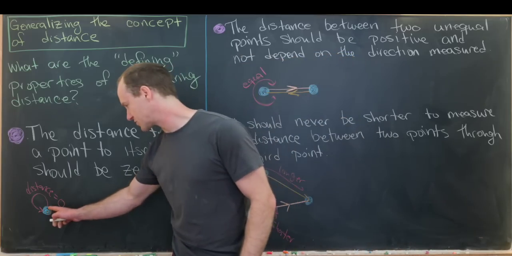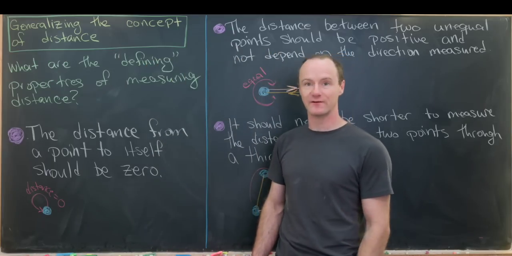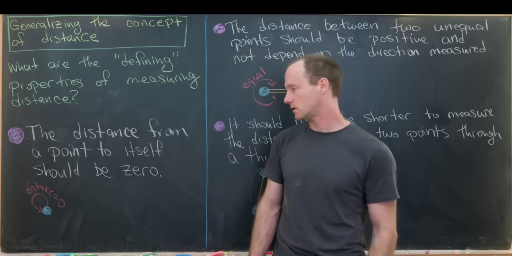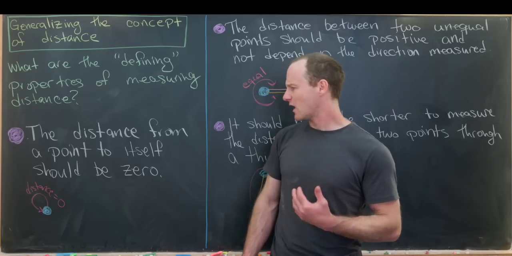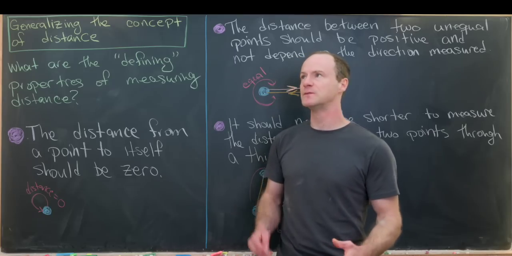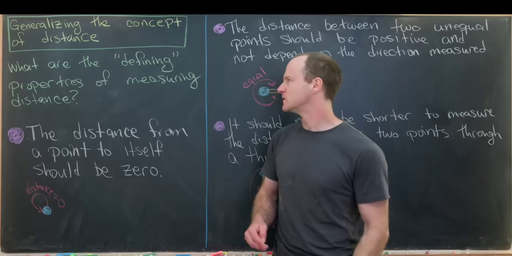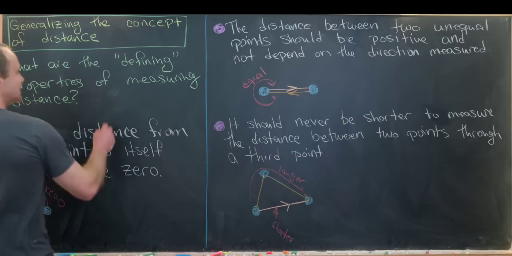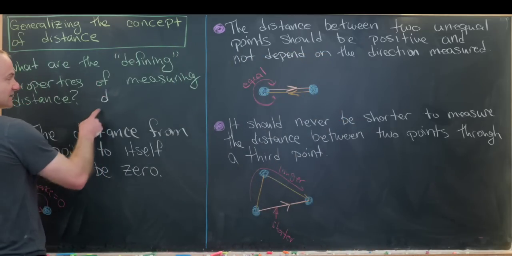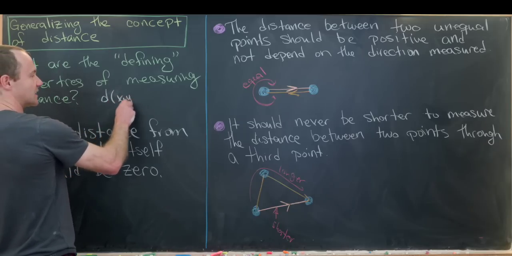So here I've got a picture. That's just a dot. If you don't move that dot or you don't move away from that dot, you have not traveled at all. Okay, so how can we maybe put this into some sort of mathematical notation, which we can eventually axiomatize into a definition? Well, let's maybe first say that our distance is a function called d, and it takes inputs x and y.